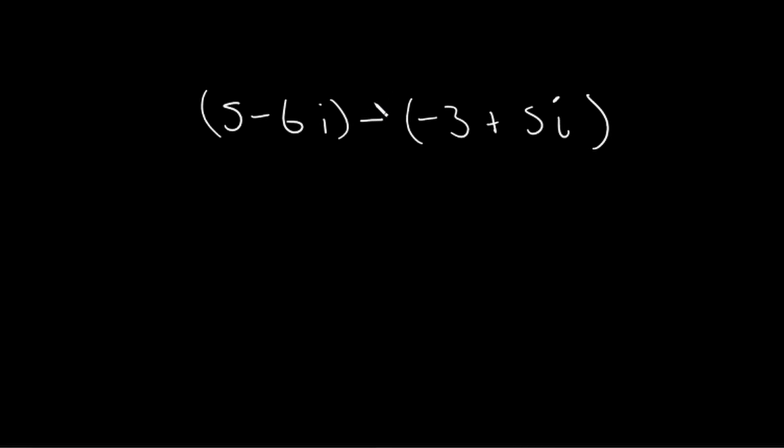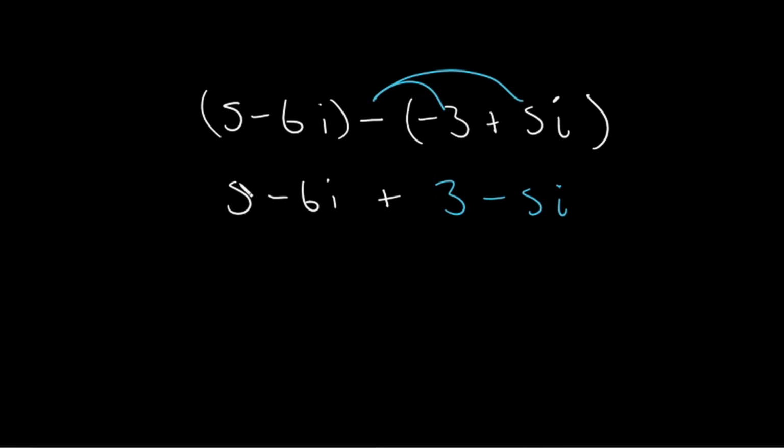So let's do that. -1 times -3 is going to be 3, and -1 times 5i is going to be -5i. So now it's just going to be 5 minus 6i plus 3 minus 5i.